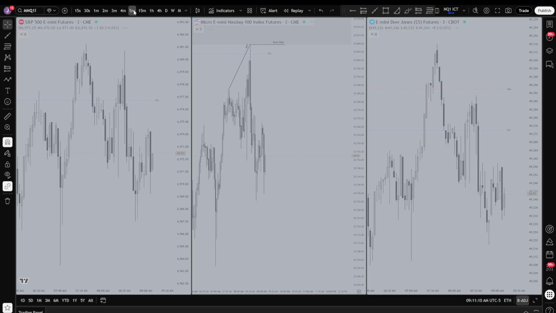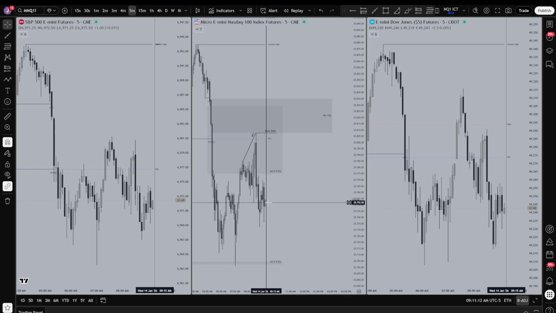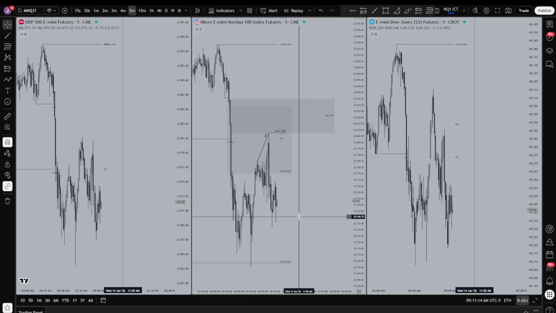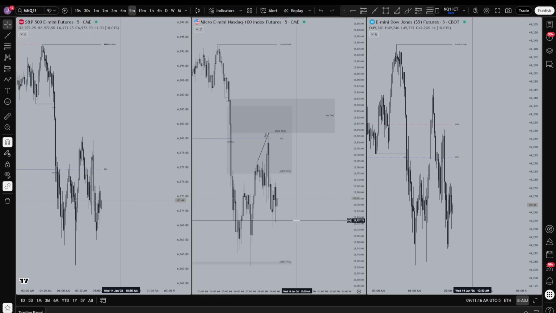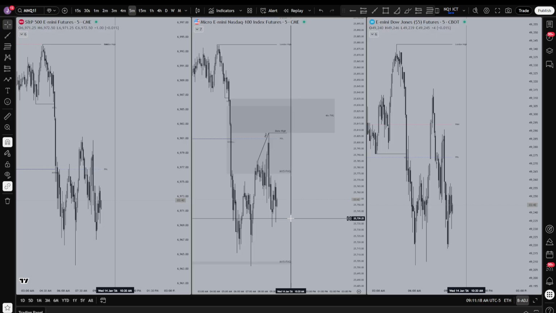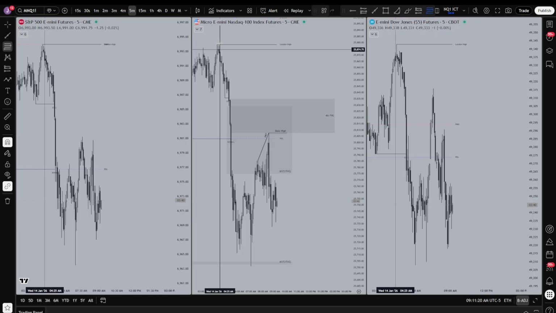And if you take a fib from the London high down to the low at 7 o'clock, we tap equilibrium as well in that hourly.